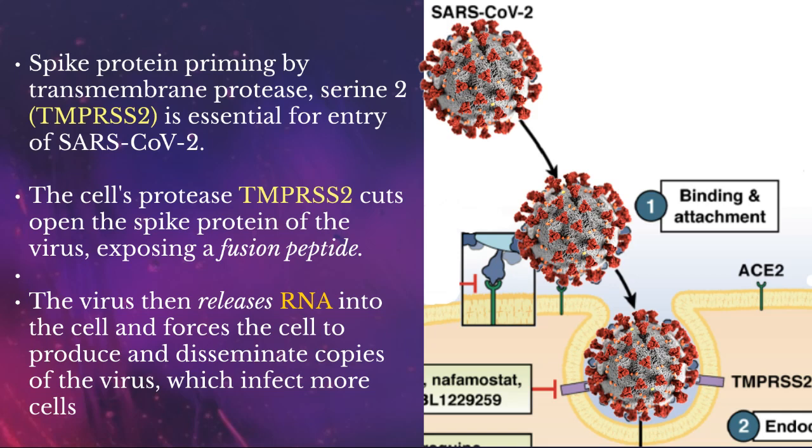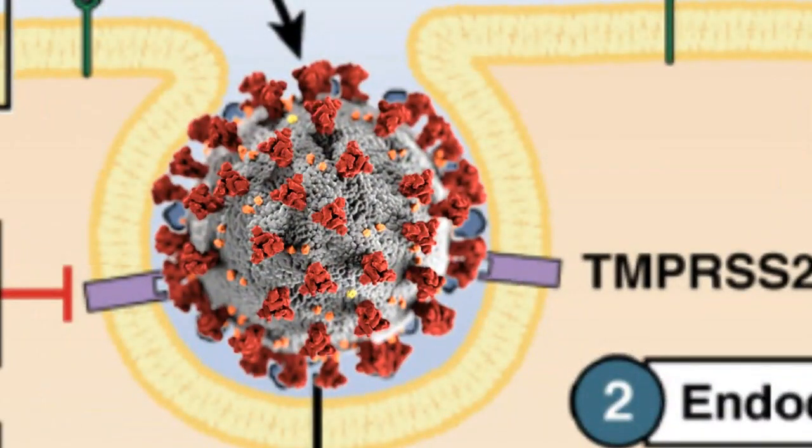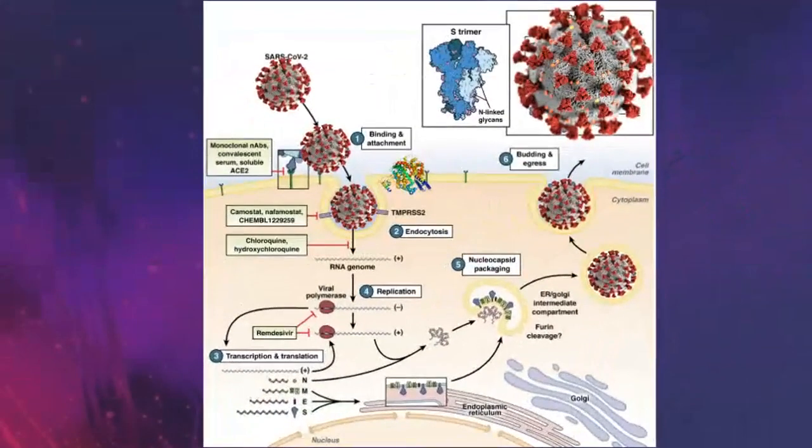When it is exposed, the RNA is released into the cell, and replication starts. And all the drugs right now are trying to block this serine protease to prevent the virus from entering the body.